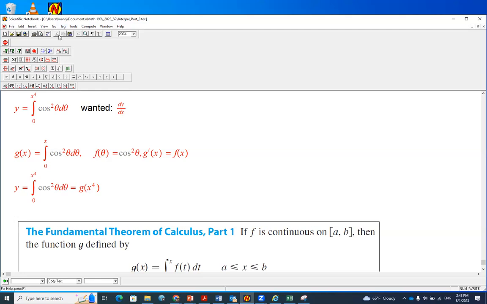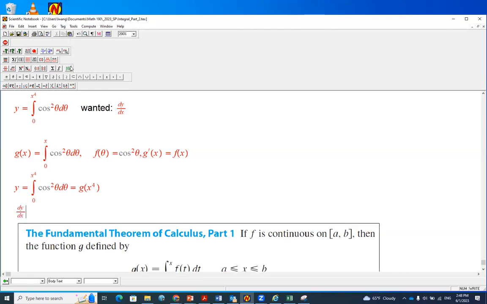So when we want to find dy dx, this is really just finding the derivative of g of x raised to the power of 4. It's a composition.